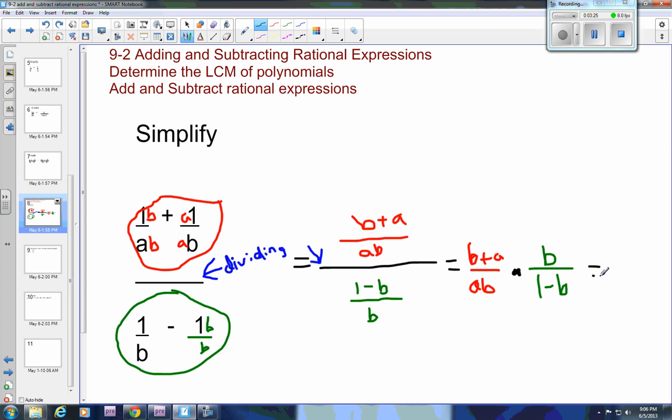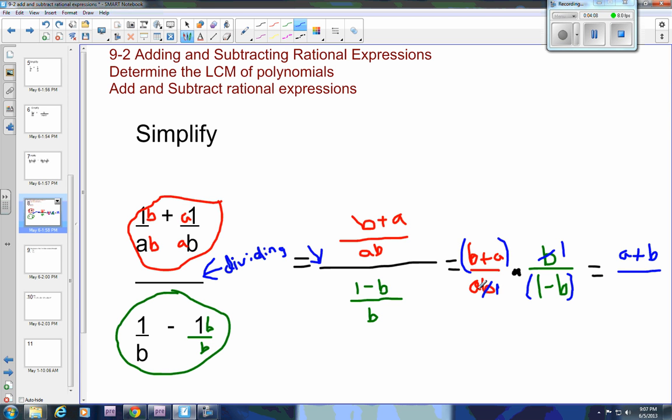And then from here I can reduce. So anything divided by itself is 1. So this becomes 1 on the top times B plus A. And we normally write that alphabetically, so I'm going to write that A plus B. And in the bottom, it's going to be an A times 1 minus B. And so I distribute.